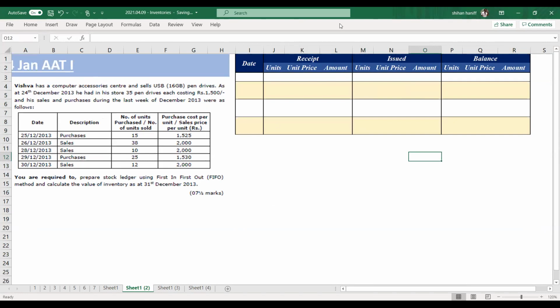So the question is, Vishwa has a computer accessories center and sells USB 16 GB pen drives. As at 24th December 2013, he had in his store 35 pen drives, each costing 1,500. And his sales and purchases during the last week of December 2013 were as follows.